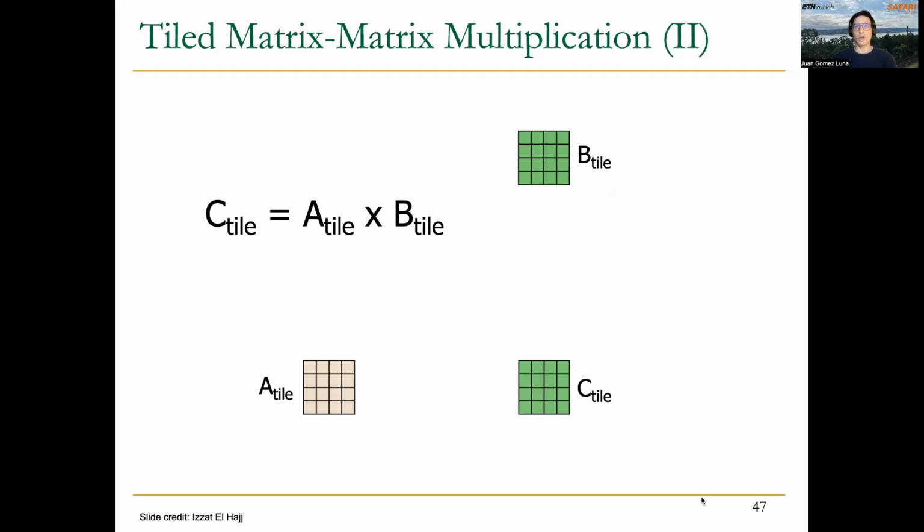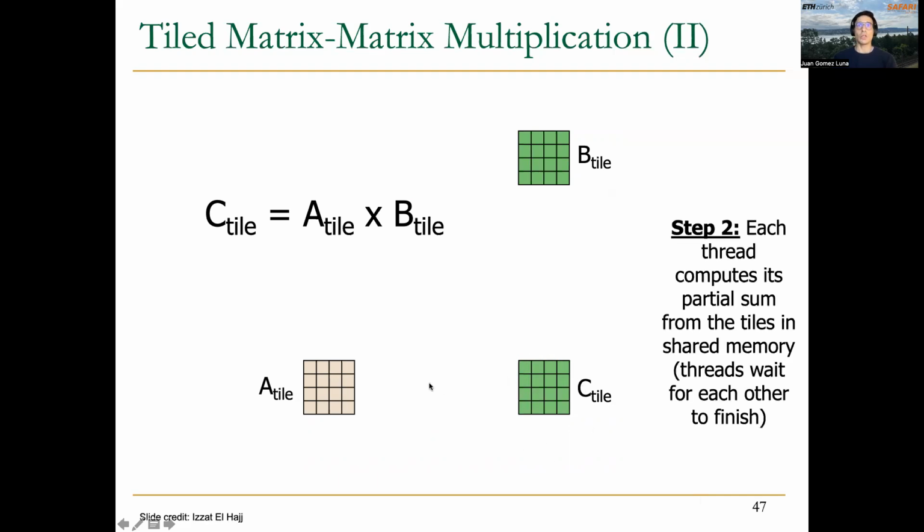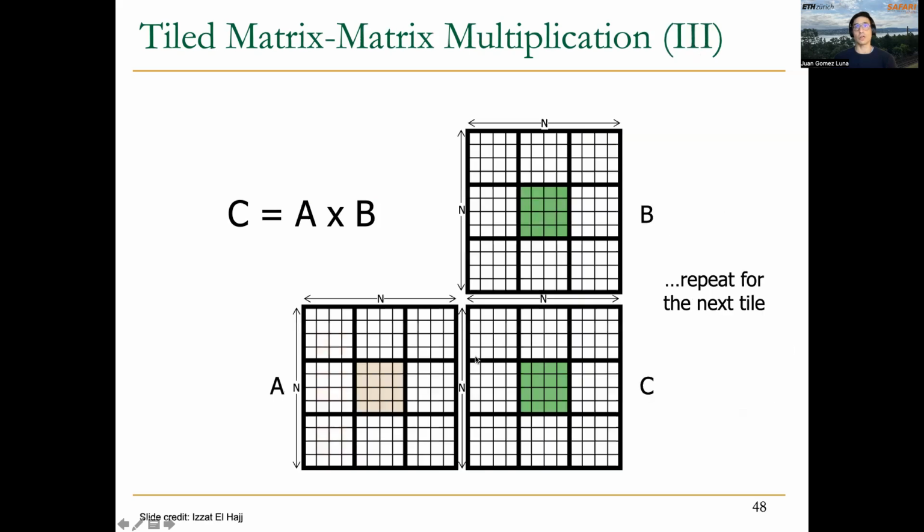So the thread block that is in charge of this tile of C will read the tile of A, read the tile of B, place them into shared memory, and then perform the partial matrix multiplication to obtain these values here. And then we continue repeating the same thing for the next tile, and then for the next tile, and this way we'll obtain the final results for these elements of matrix C.